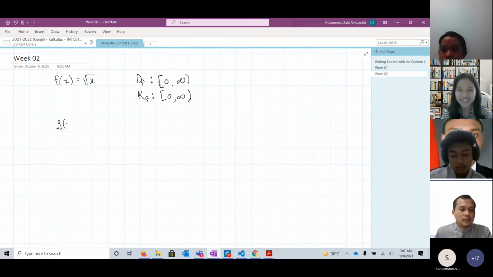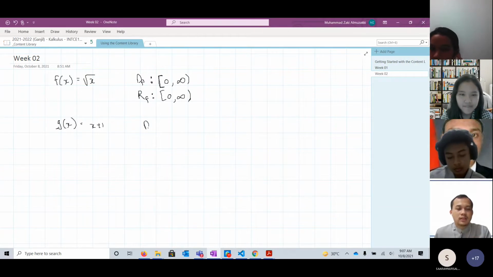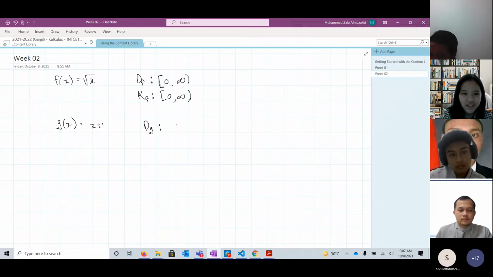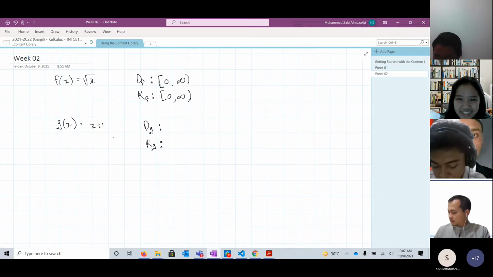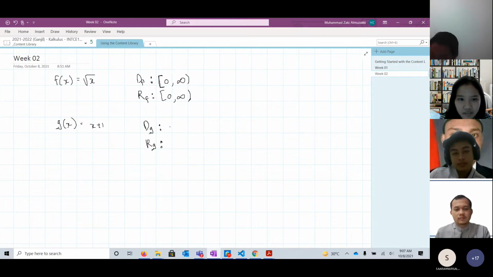Now we have g of x equals x plus 1. In this case, what is the domain of g? And what is the range of g? What is the domain of g for this case? Minus infinity to infinity, sir.